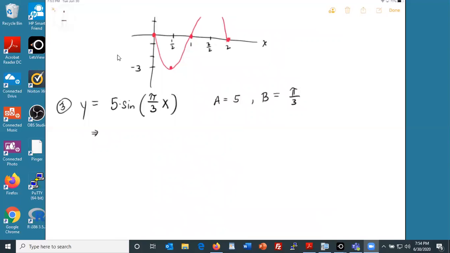All right, first step, let's find our key x values. So remember, step 1 is to get the period, which is 2 pi over b. So here we get 2 pi over 3. Now you need to simplify that.